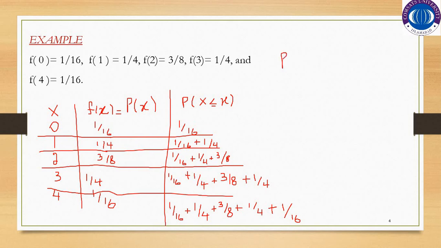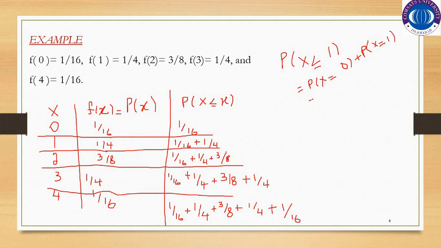Like if we say, find out the probability x is less than or equal to 1, this would be equal to probability x is equal to 0 plus probability x is equal to 1.